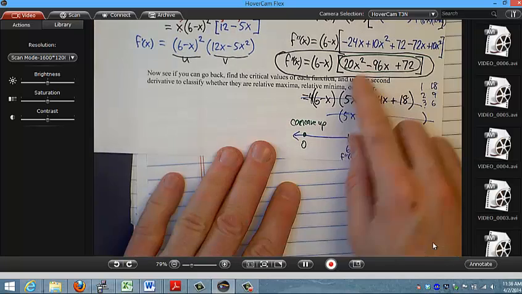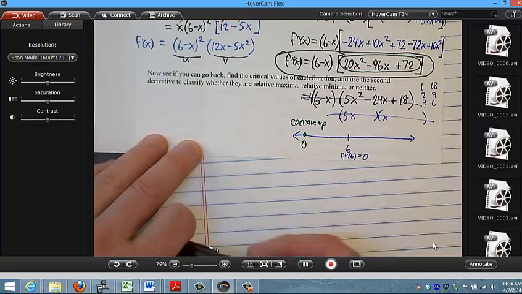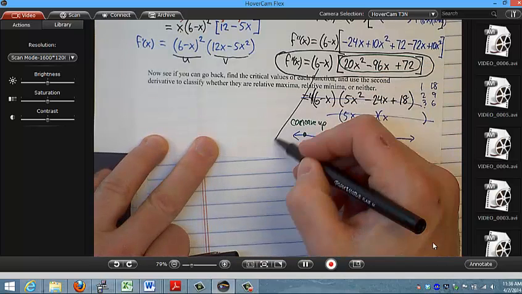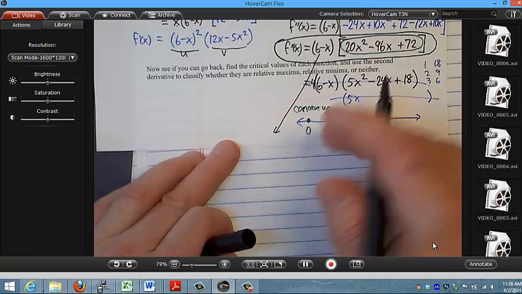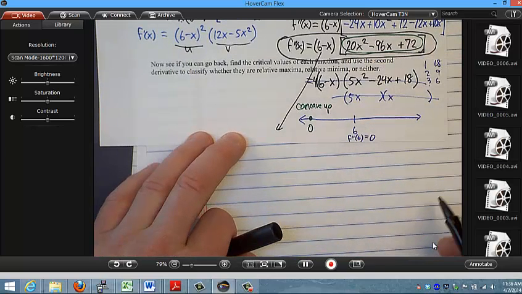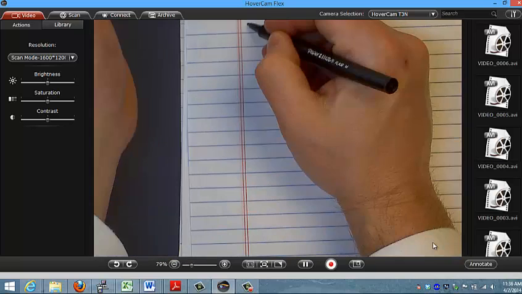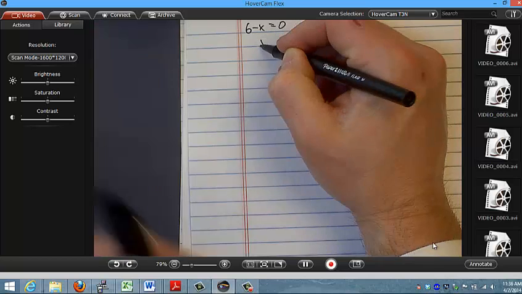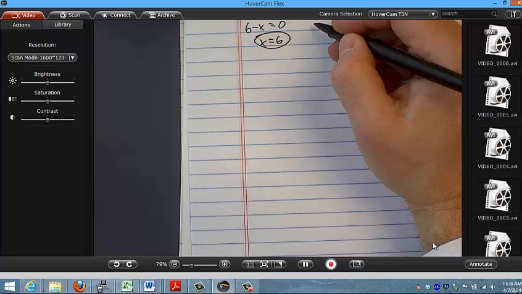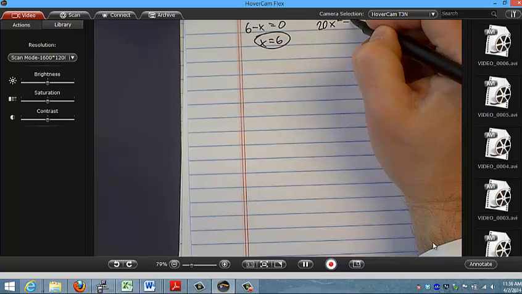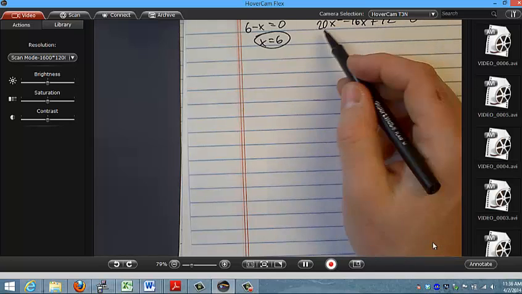So I guess what I'm looking for is, I know that I could have this 6 minus x be 0, right? But I'm also wondering, what about this one? So there's one of the points where f double prime is 0. But the other one, right? How do we solve that guy?